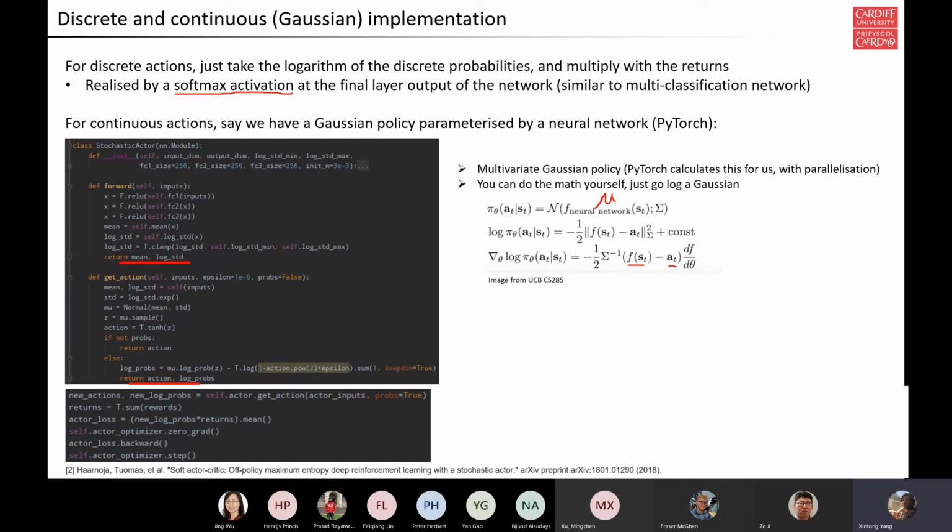We get a bunch of new actions and the log probabilities corresponding to these actions. This is how you compute the gradient of a Gaussian policy. And after you get the gradient, you just call zero_grad and backward to propagate the gradient into your policy network. Okay.